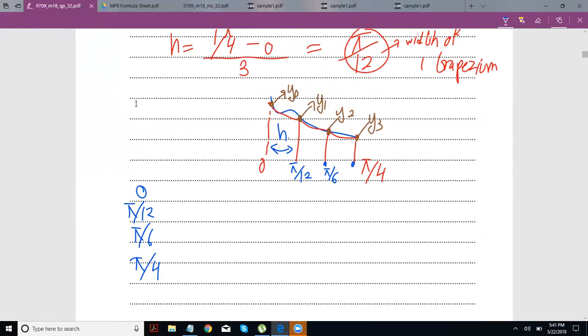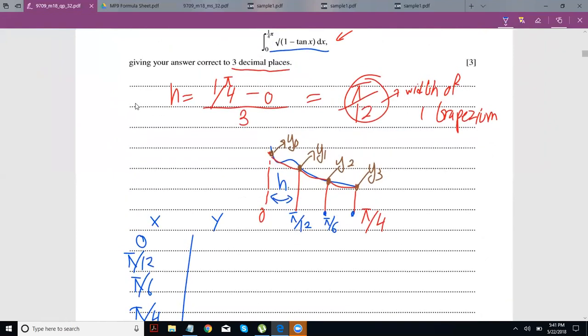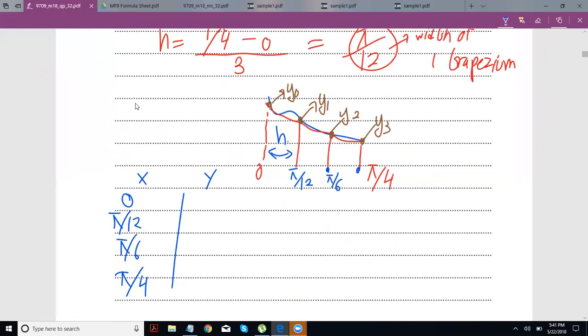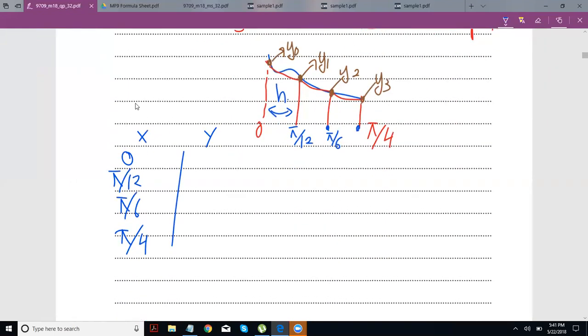So how am I going to calculate the respective y values for this? I'll just simply pop this into the function, that is under root 1 minus tan x, and I'll get the corresponding y values. So let me just go ahead and do that.